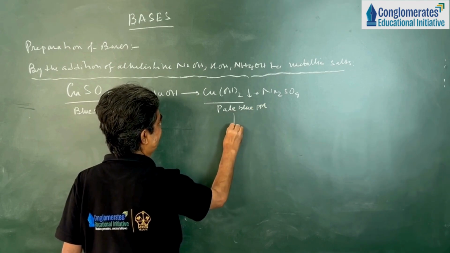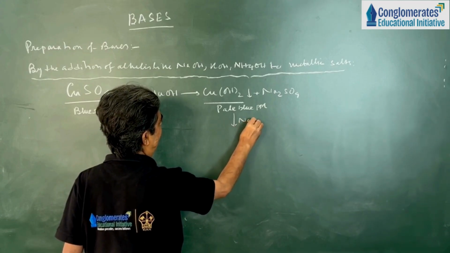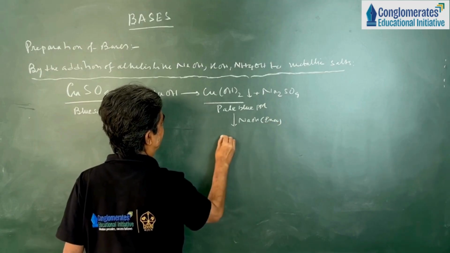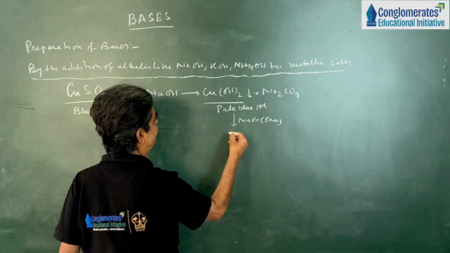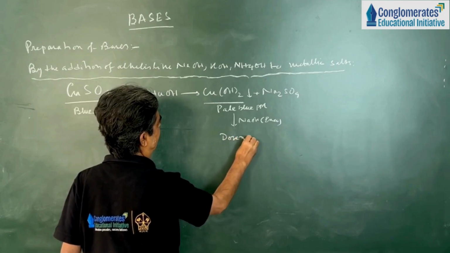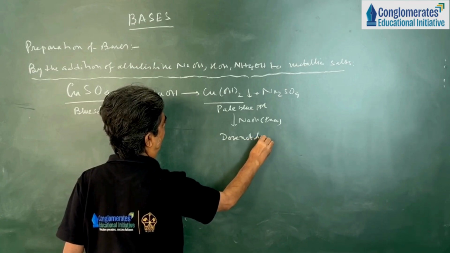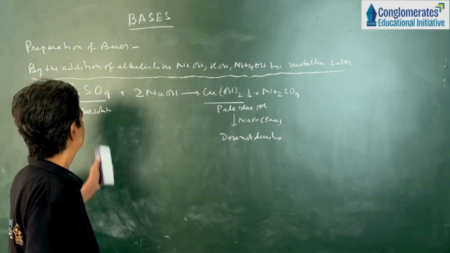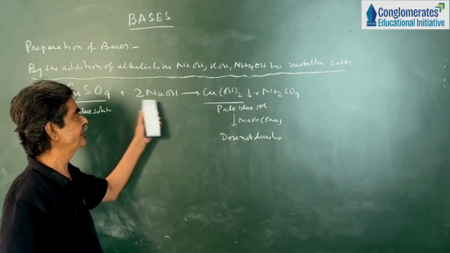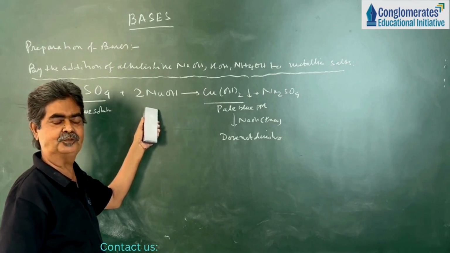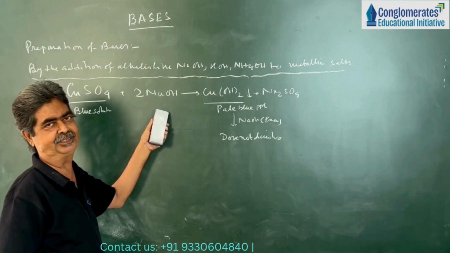But if we add excess NaOH, it doesn't dissolve. That means it will remain as cupric hydroxide. It does not react. That means blue solution will produce pale blue or light blue precipitate by the addition of sodium hydroxide to copper sulfate or by the addition of KOH.